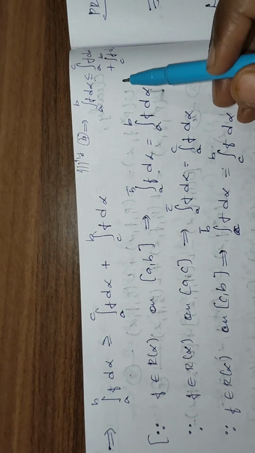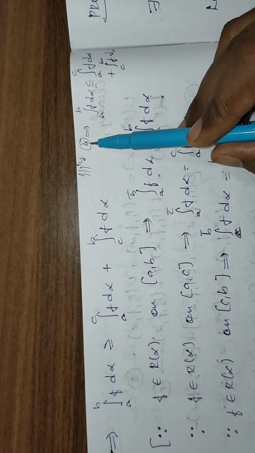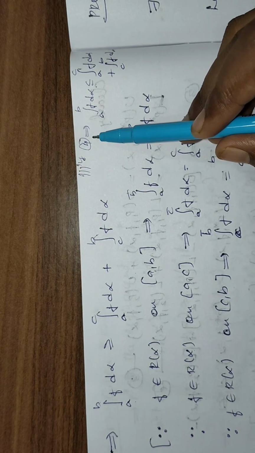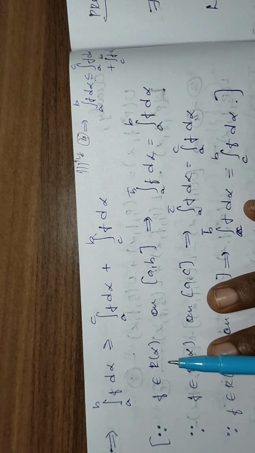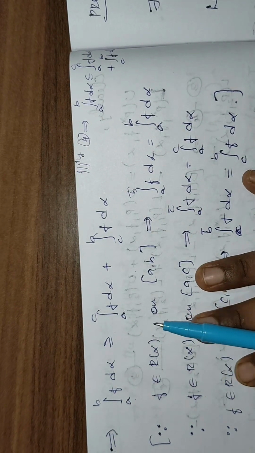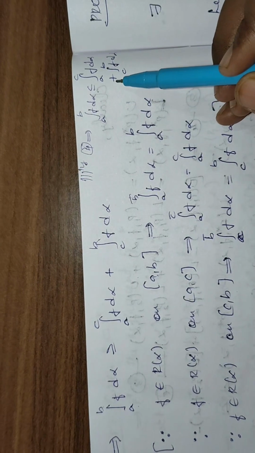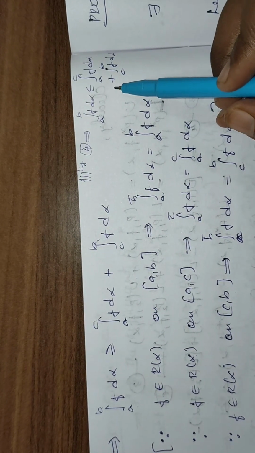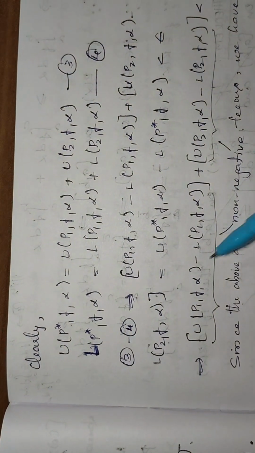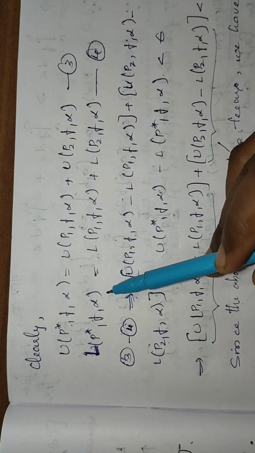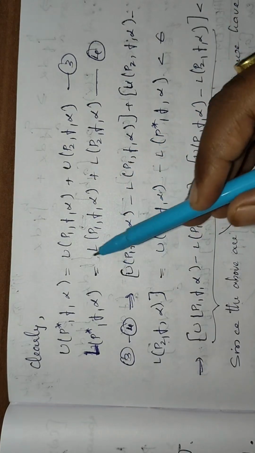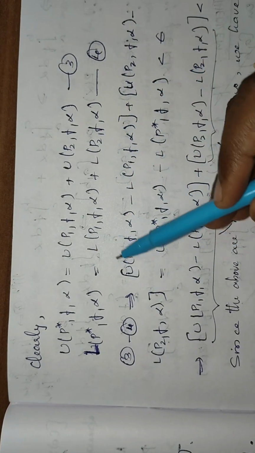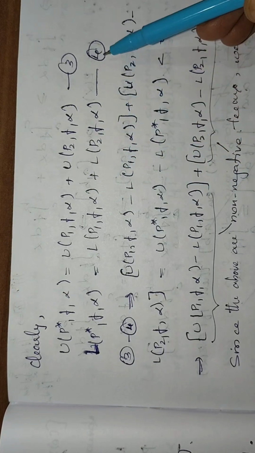Okay, and if I use equation 4 and take the supremum on both sides, I will get less than or equal to. I need to proceed in a similar manner, and at last I will get this inequality. See here, if I take this equation and take the supremum on both sides, I have the supremum of this, which will be less than or equal to the supremum of this plus the supremum of this.